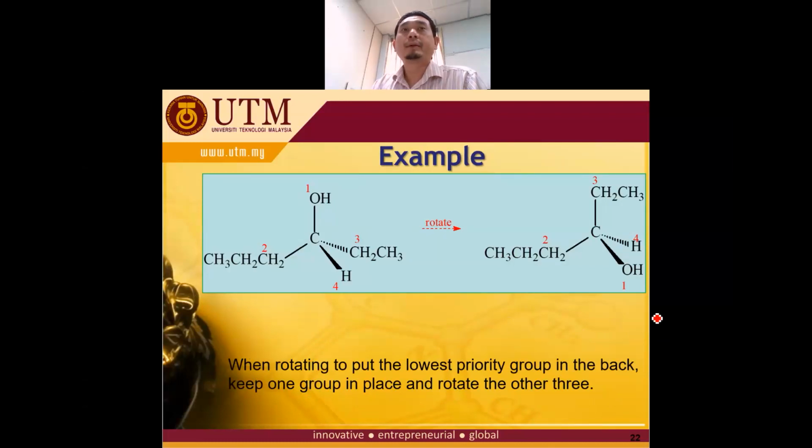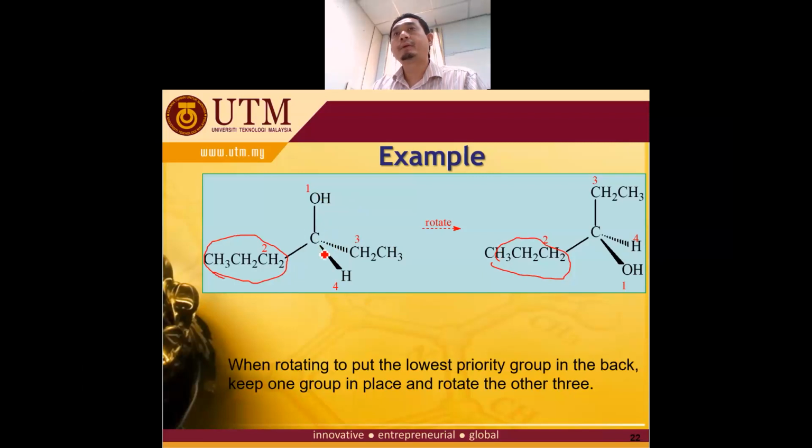If we want to rotate the priority group number 4, hydrogen, in this case, because the hydrogen is toward us, we need to hold one group. In this case, we hold this group, because this is the same move, and then we rotate.